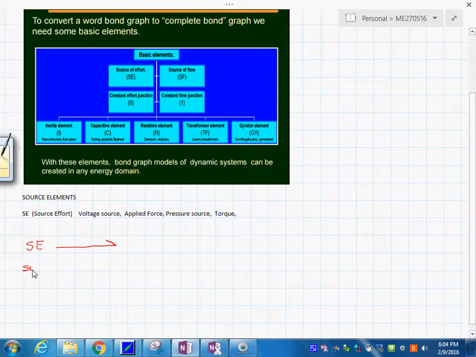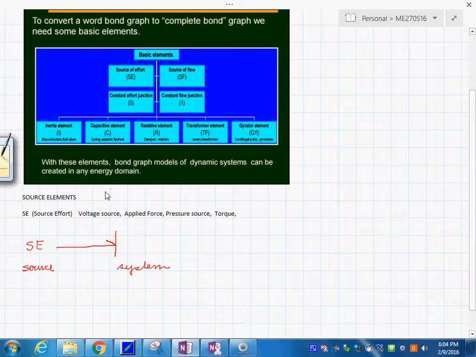Okay, and we are going to use this crossbar like here to indicate that what goes on from the source to the system is your effort variable, the E variable, the effort variable.